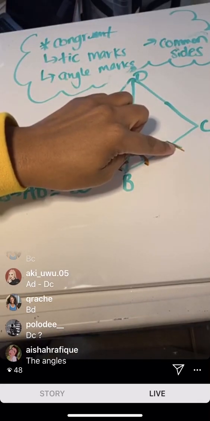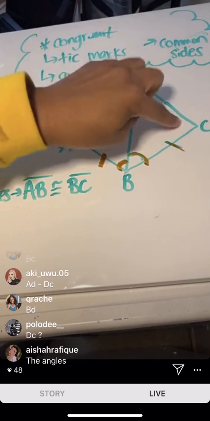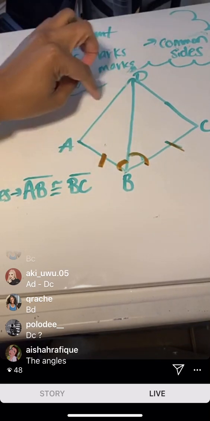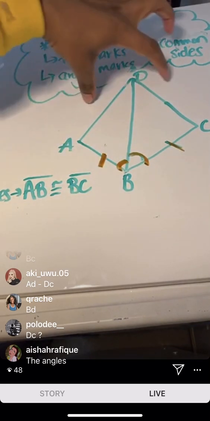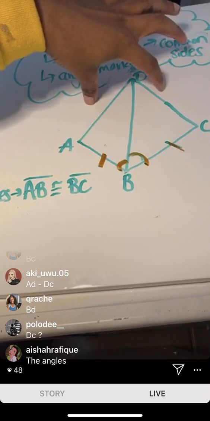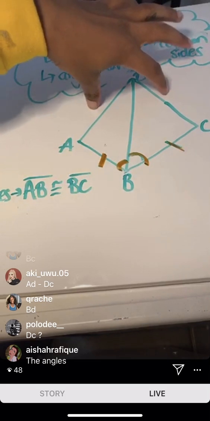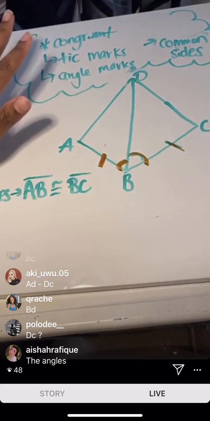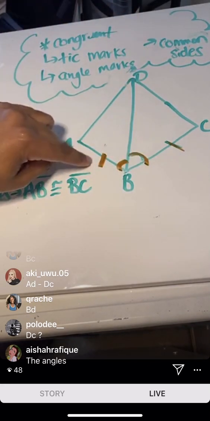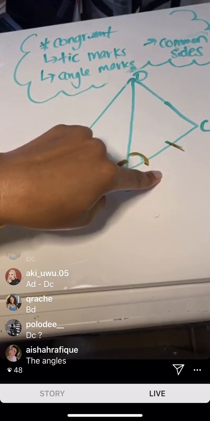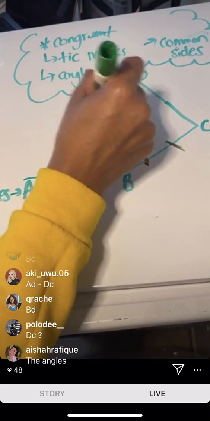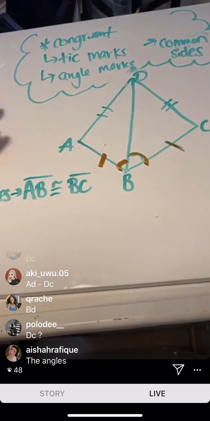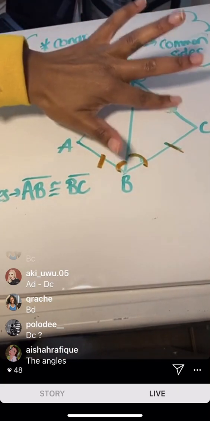Somebody said AD and DC. Well, we could think that those two are congruent, but do they have tick marks on them? AD and DC don't have tick marks, so you cannot say that they're congruent. They have to have those little marks on them. If they were like this, then we could say that, but they're not. So you can't say that those are congruent.